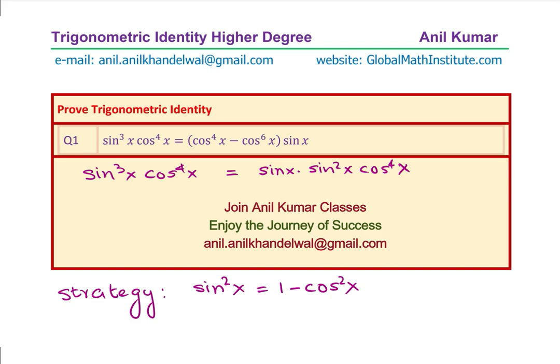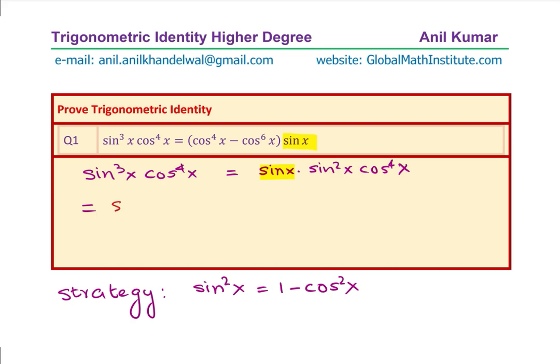So that works. So now we can expand this, keeping sine x, which is required. So we'll just maintain this, and then we'll expand sine square x. So we have sine x within brackets 1 minus cos square x times cos to the power of 4x.